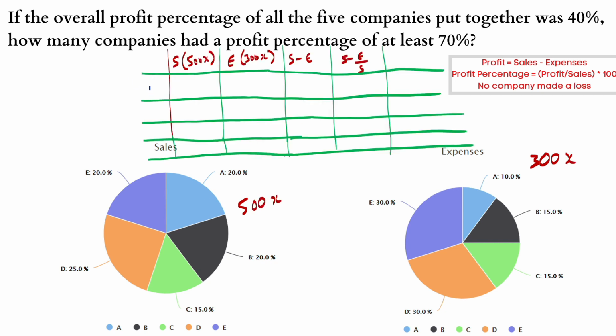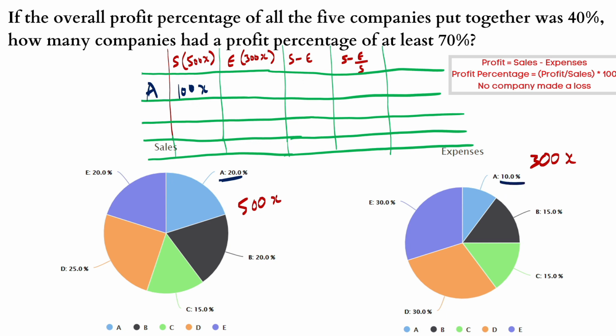So for company A, we have taken sales as 500x, expenses as 300x, S minus E values in this column and S minus E by S values in this column. For company A, what is the percentage of sales? Sales percentage is 20%. So 20% of 500 is 100x. What about the expenses of company A? It's 10%.